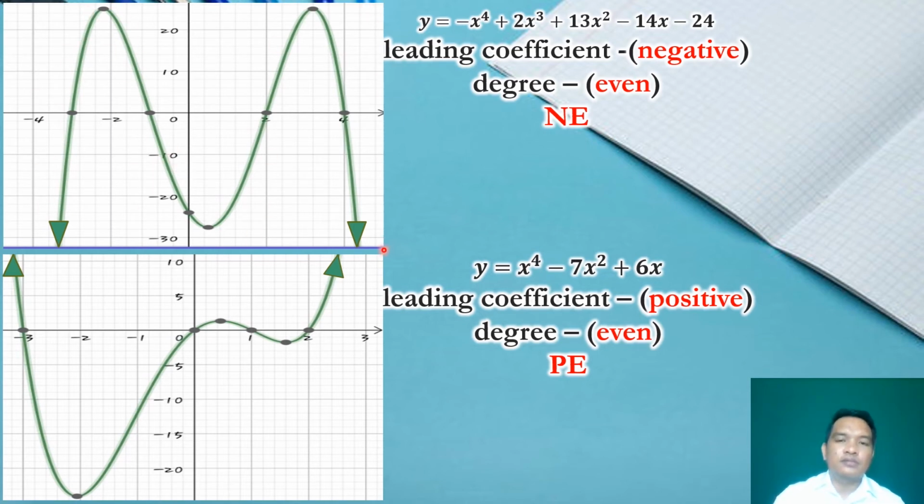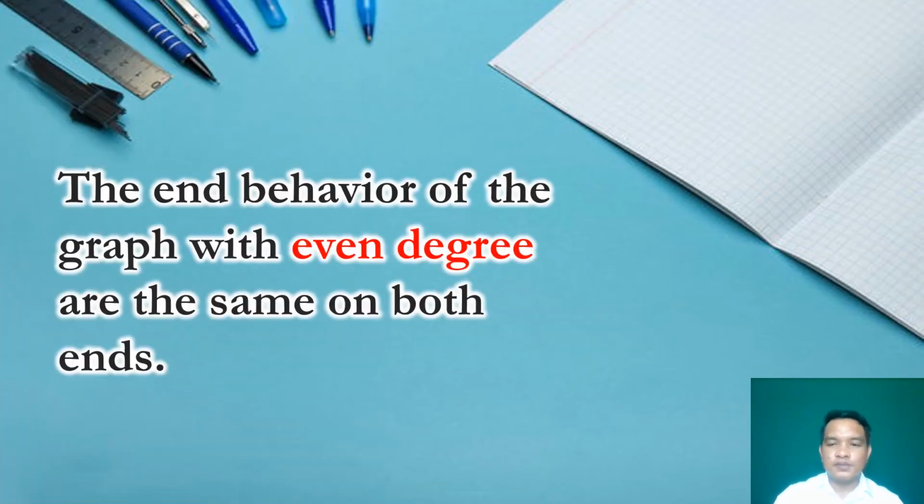And then, sa kabila naman ay both rising. So kapag may even na degree ka, it's either both falling kapag negative yung leading coefficient or both rising kapag positive yung leading coefficient. So the end behavior of the graph with even degree are the same on both ends, whether it is rising to the left or right or falling to the left and to the right.